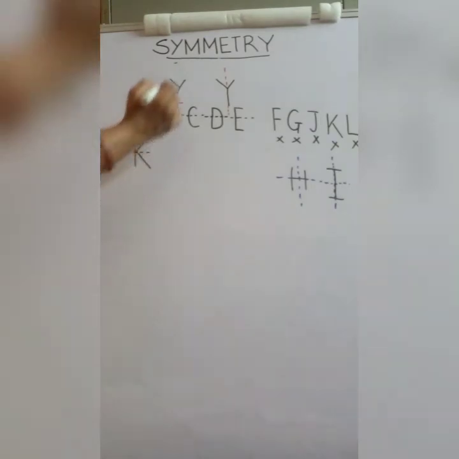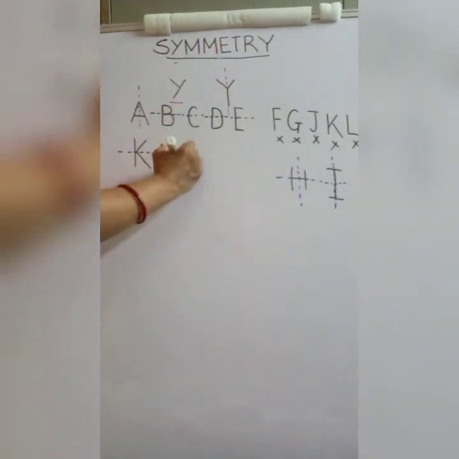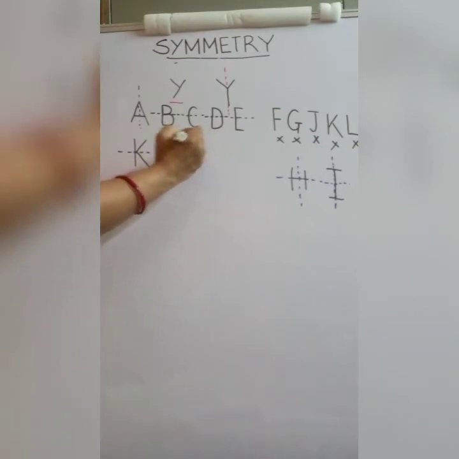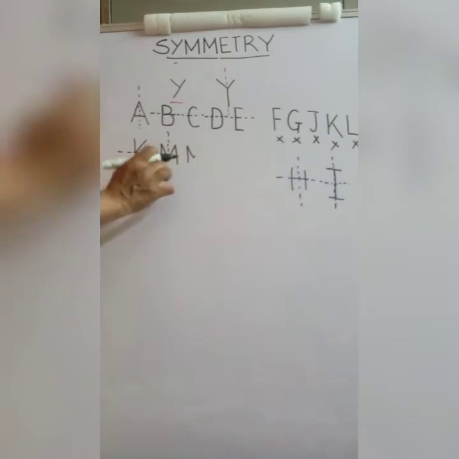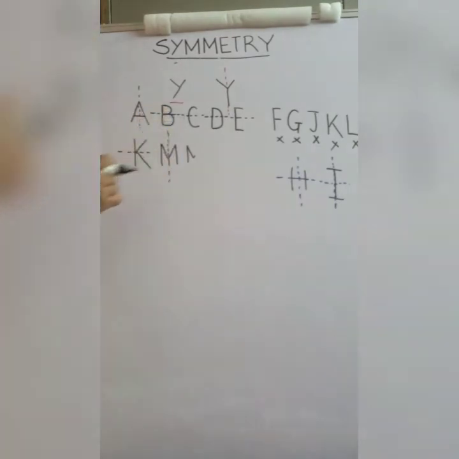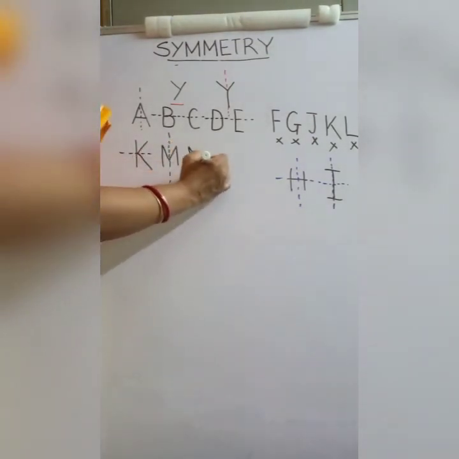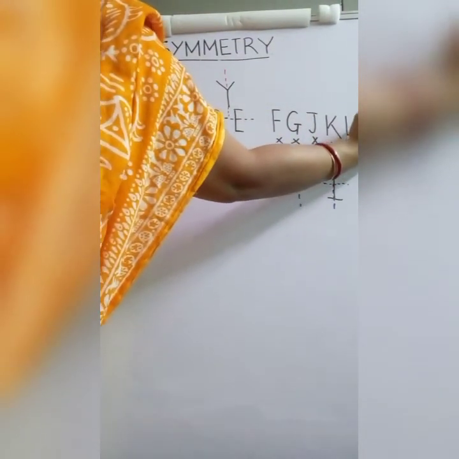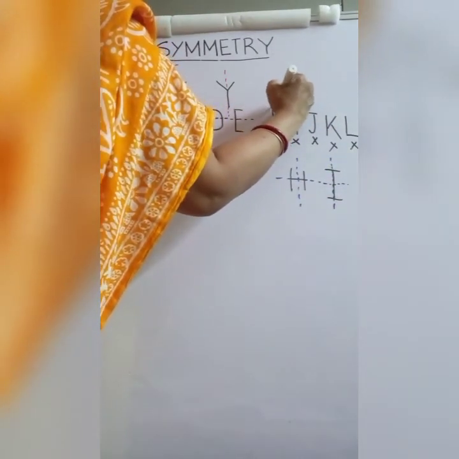M, see here two M's are written in symmetry. One horizontal line of symmetry, one vertical line of symmetry. Now N, here we will write N. It has no line of symmetry.